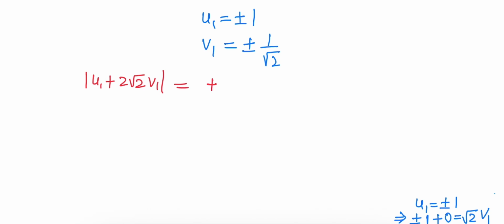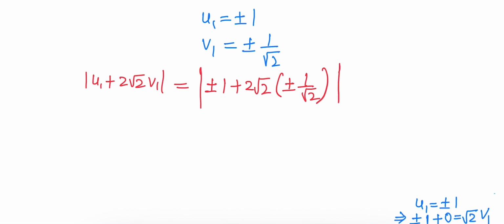And this will be, obviously, u1 is plus minus 1, plus 2 root 2, v1 is our plus minus 1 by root 2, and mod of all these things.